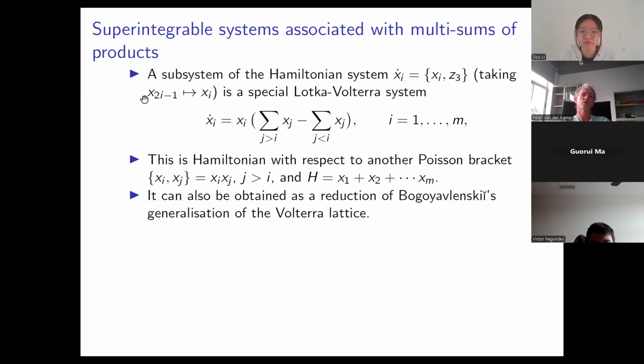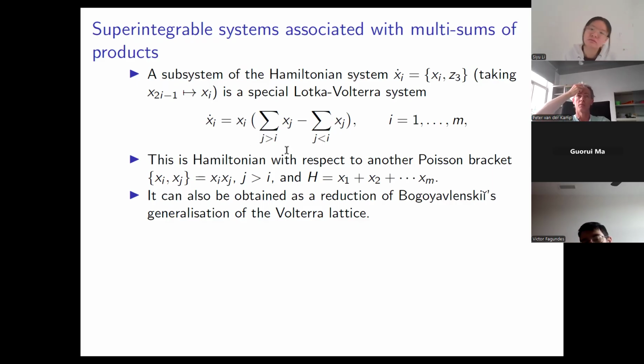So for all the odd variables, the evolution is expressed only in terms of the odd variables. So you can forget about the even variables and just look at the odd variables. If you do that substitution, you introduce new variables, you only look at the odd variables, then you get this Lotka-Volterra system. And it's a special case.